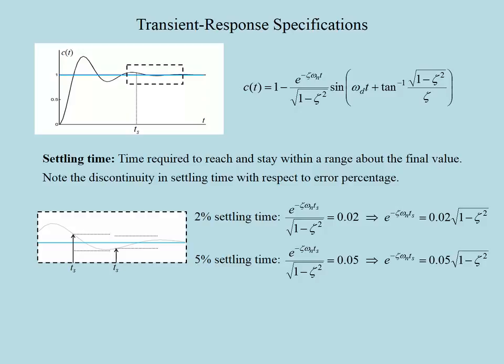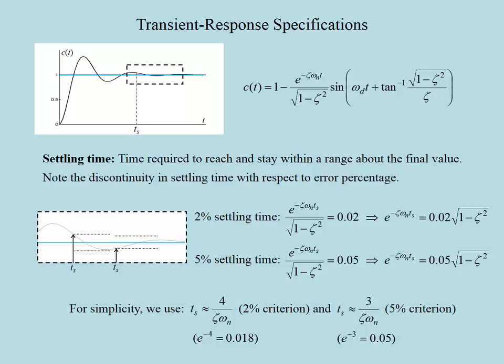To simplify things further, we are going to approximate the square root terms with 1. And further approximating e to the minus 4 by 0.02, the settling time based on the 2% criterion can be obtained as 4 over zeta omega n.